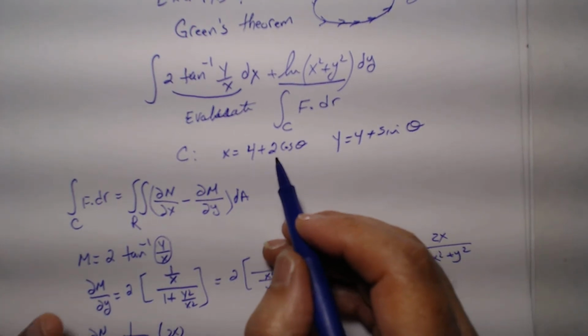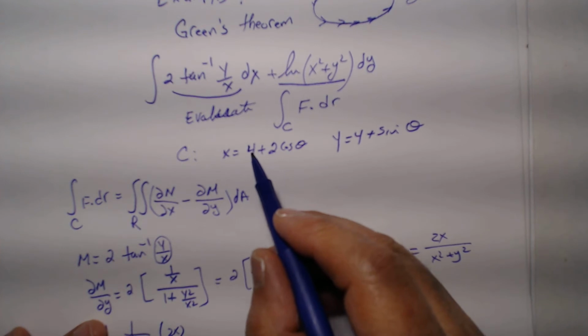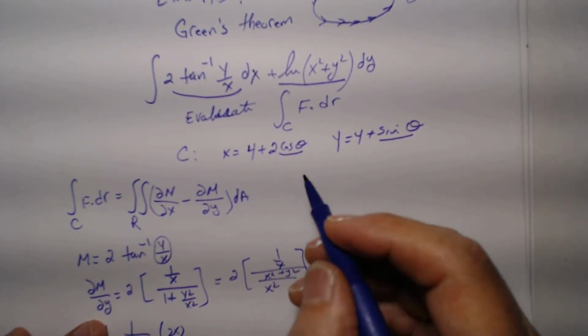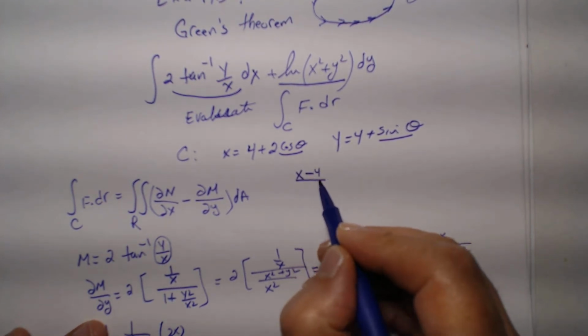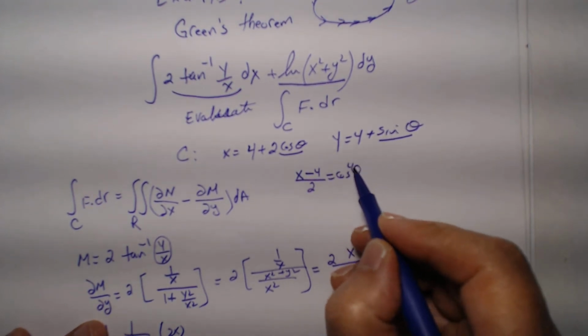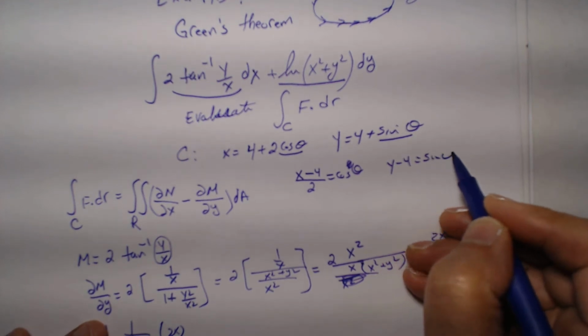Let's talk about the path. If I isolate sine and cosine, sine squared plus cosine squared is 1. Therefore, (x minus 4) over 2 equals cosine theta, and y minus 4 equals sine theta.